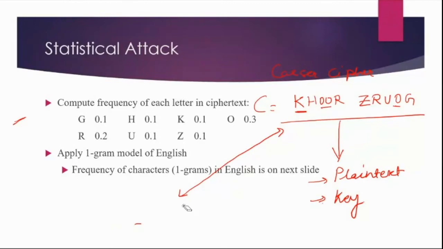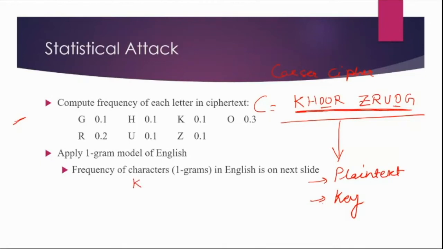As a first step, we have to compute the frequency of each letter in the ciphertext. With this, we get to know how many different characters are present. Can you tell me how many different characters we have in our ciphertext?